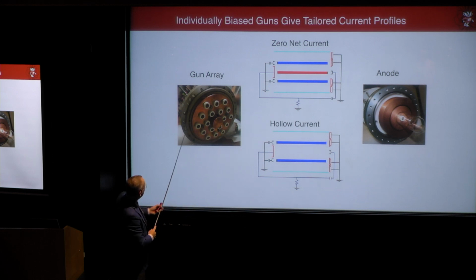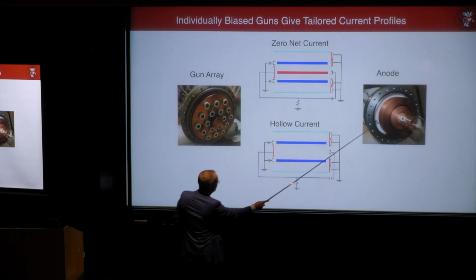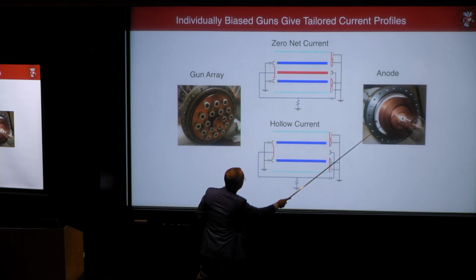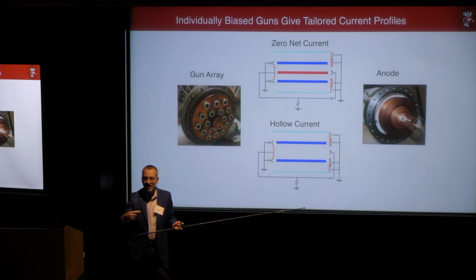What we have is a gun array that injects current from a number of discrete guns. At one end of the experiment, we have this array of guns which are injecting current, and at the other end of the system, we had current injected in the opposite direction.